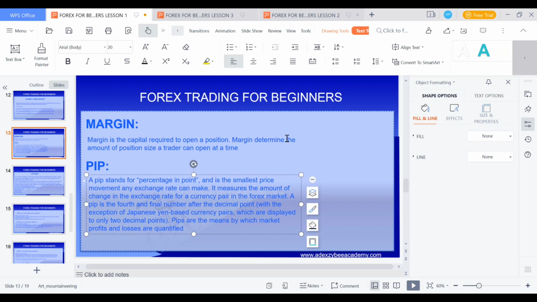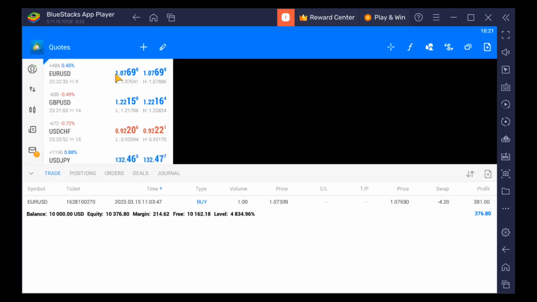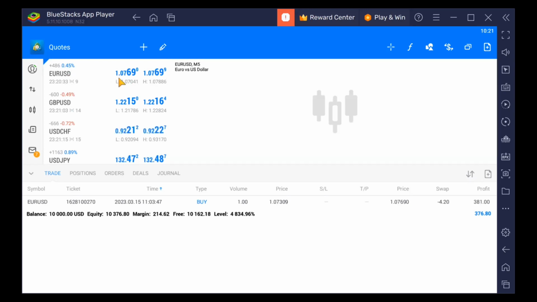Now let me show you what a PIP is. Let's go back to MetaTrader. Here is the price for each currency pair. For EUR/USD, for example, we have 1.07683.